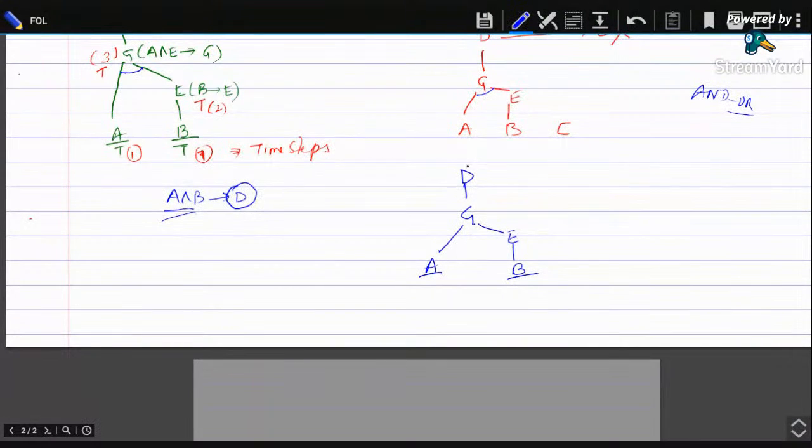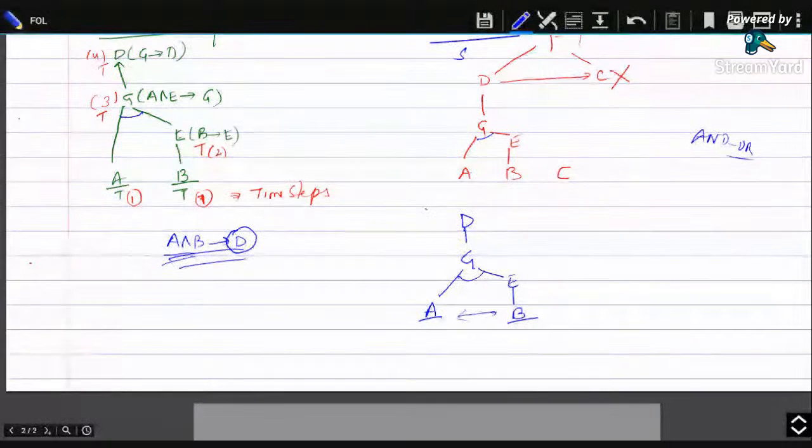D will be true only when A is true and B is true, because there is an AND here. So A should be true and E should be true. For E to be true, B should be true. So indirectly it is equivalent to saying A and B both should be true, which means this is proved. So this way you come down.